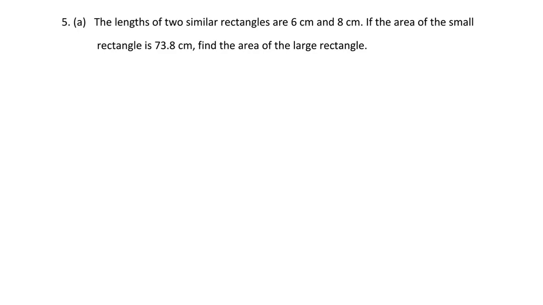We know that the square of the ratio of the lengths of similar figures gives the ratio of their areas. We can represent this as (L1 over L2) squared equals A1 over A2, of which L is the values for the length and the A are the values for the areas.